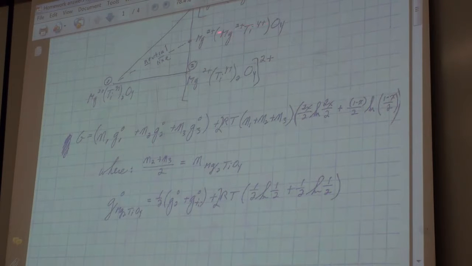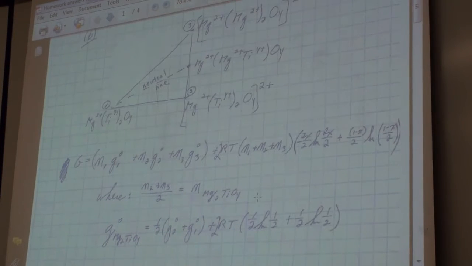Plus, now remember, even your real end member, you have an ideal mixture of these two things. So even your real end member is G naught 2 plus G naught 3 over 2 plus your mixing term, which is 2RT, 1/2 log 1/2 plus 1/2 log 1/2.